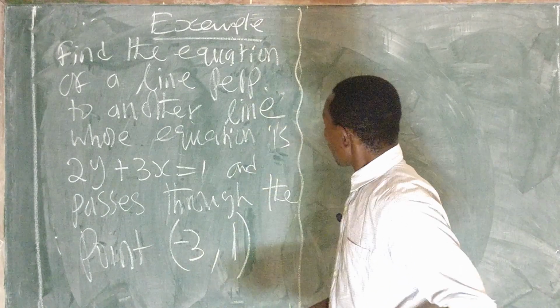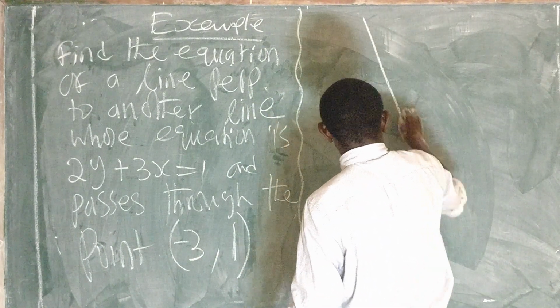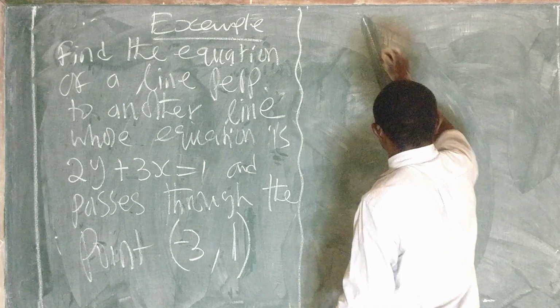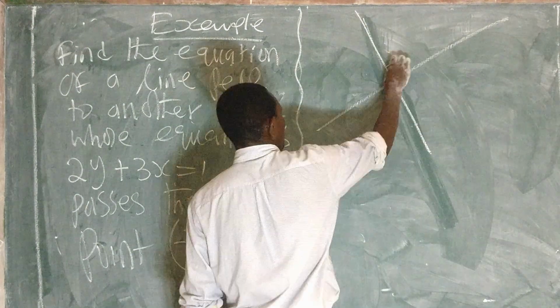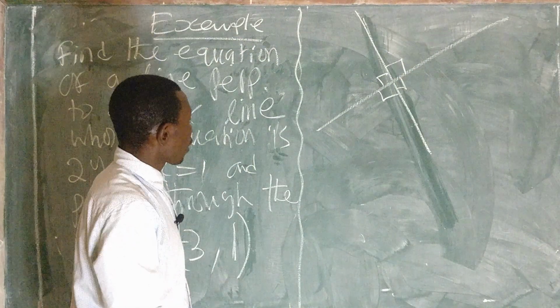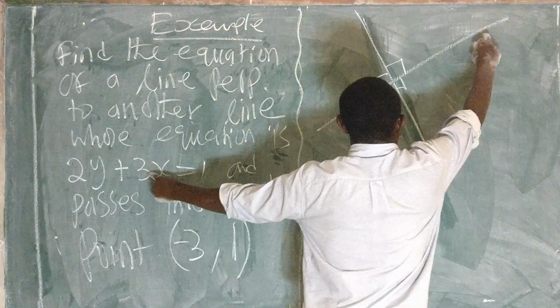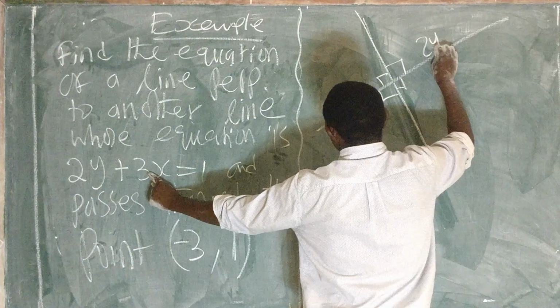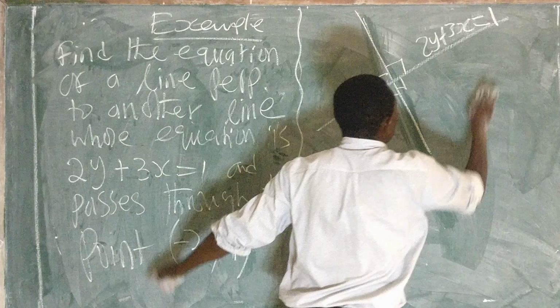So what is here is more like you have got a situation. We have two lines here, like this one. Let me just draw it. This is the line and another line goes like that. And we are told that the two lines are perpendicular to each other. And the equation of one line here, let's take maybe this line here, is 2y plus 3x is equal to 1.